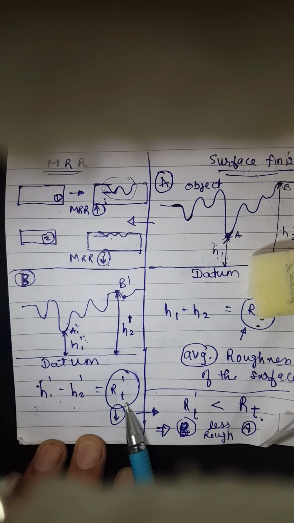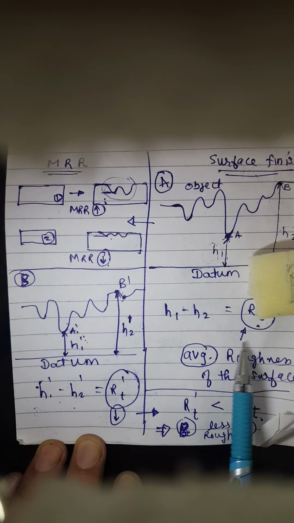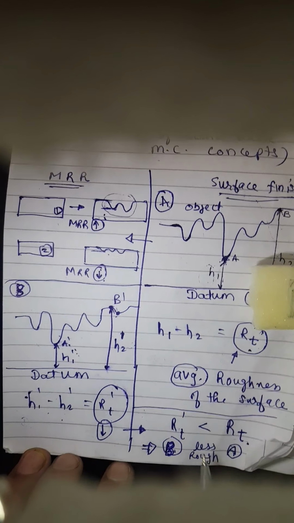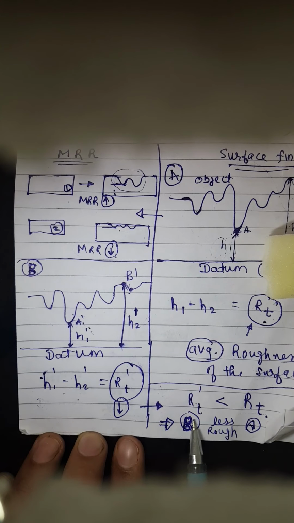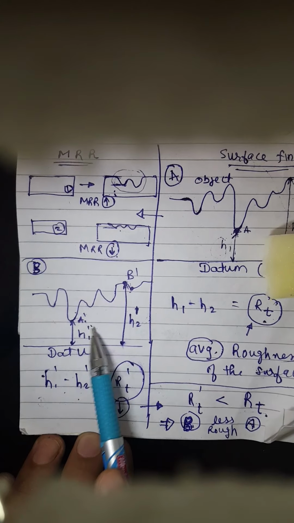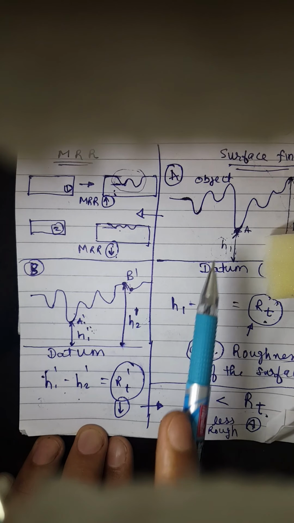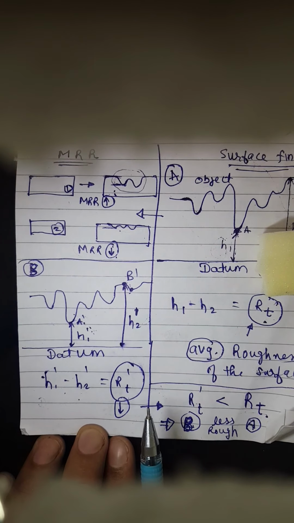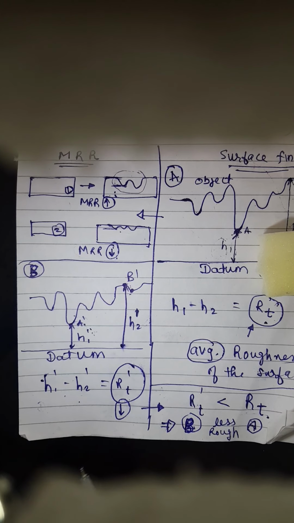This Rt dash value is lesser than the Rt value, so B, that is this surface, is less rough than the other surface. All right, this is how we go about surface finish or surface roughness, as you can call it.